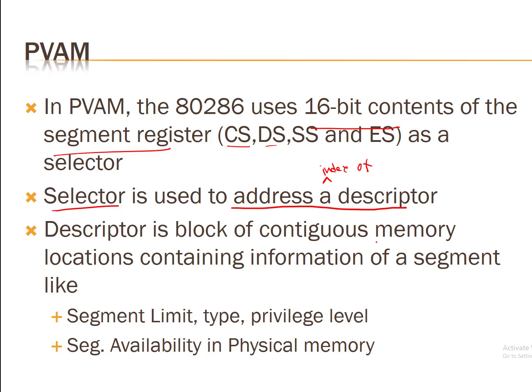A descriptor is a block of continuous memory locations, maybe 32 bytes or 64 bytes, which contains the segment limit, type, privilege level, availability of the segment in physical memory, and other parameters as well.